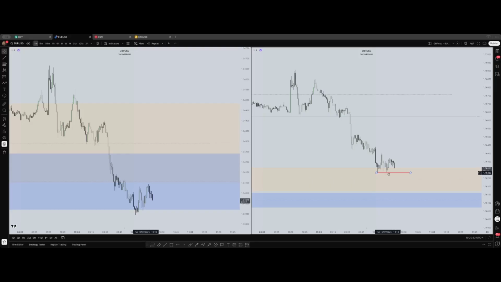This is not resistance, or sorry, this is not support. This is just a level where people are putting stop losses, and price will take back those positions. Those will take the money back from the market, from retail traders, to the market, to the central banks, big corporations.